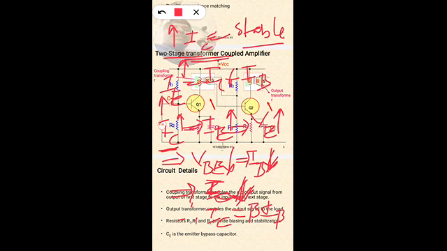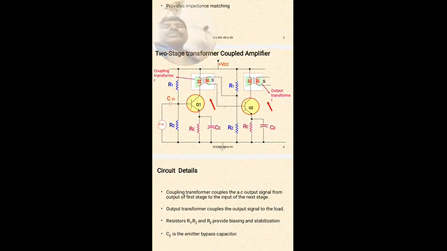So that the VE is going to have a negative effect at the input. So the increase in the collector current due to temperature is compensated by decrease in the VBE.